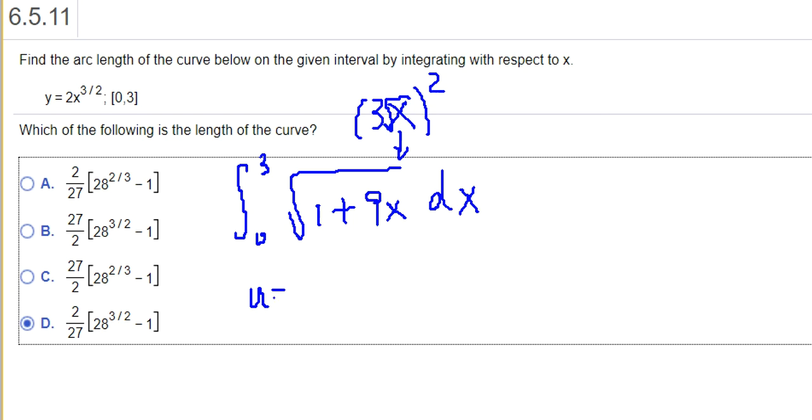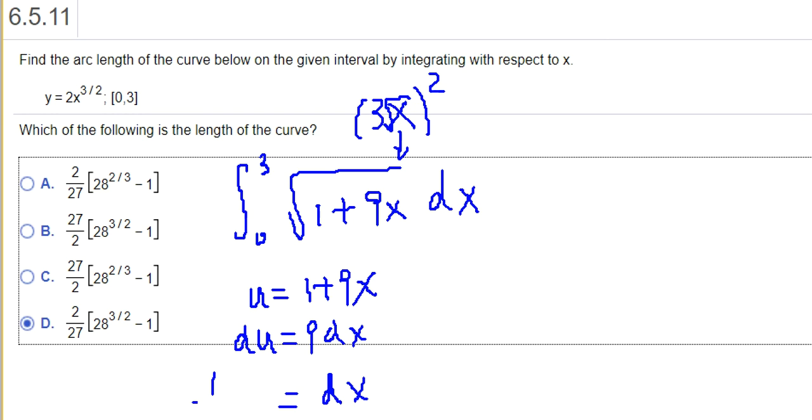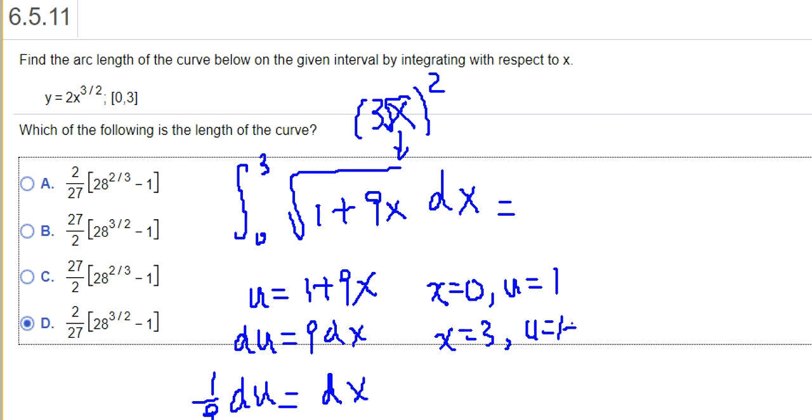If you call u as 1 plus 9x, then du will be 9 dx. So therefore dx is 1 over 9 du. Hopefully you can see that in my previous method I had to include 1/9. That's where the 1/9 comes from. And then when x is 0, u is going to be 1. When x is 3, u is 1 plus 9 times 3, which is 28.